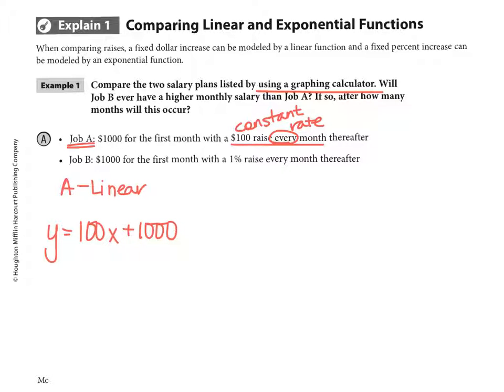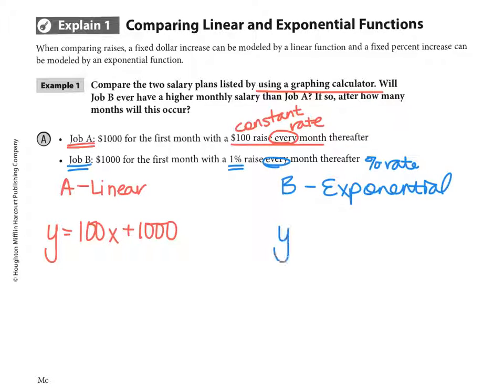Okay? Now job B, if I want to write that one out, they still give me a starting value of 1,000, but this time my rate every month is a percentage. So because I have a percentage as my rate, that means this time I'm going to have an exponential. So when I go to write my equation this time, it's going to be y equals 1,000, and then in parentheses, it's a raise every month, so we're increasing, so that means we're going to do 1 plus, and remember to write our percentages out, we always have to move the decimal.